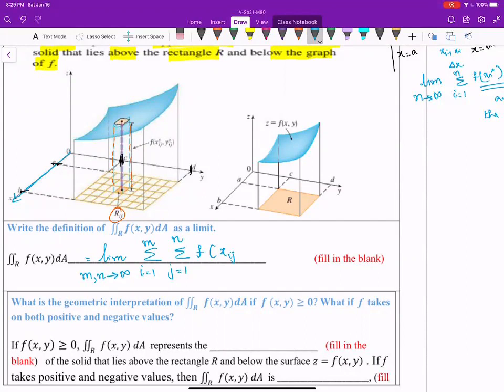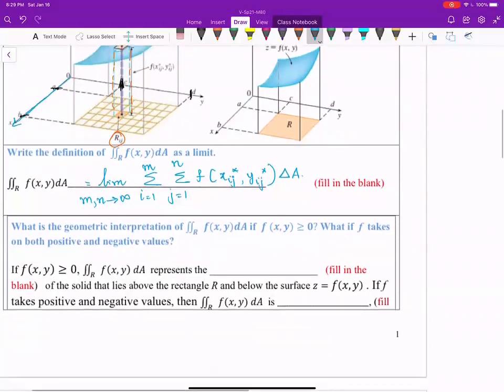So f of xij star, yij star, where xij star, yij star is a sample point in the subrectangle Rij. So this is the height times the area of the subrectangle, which is delta A.